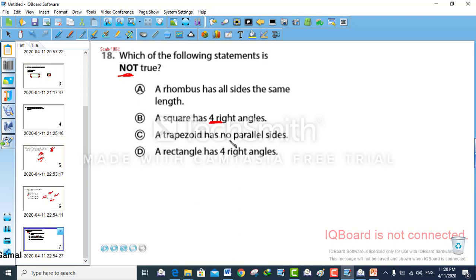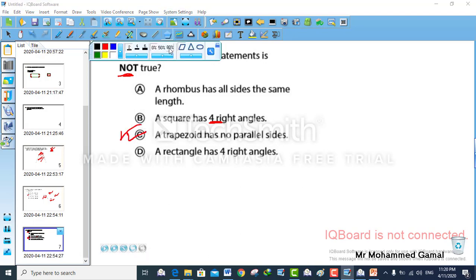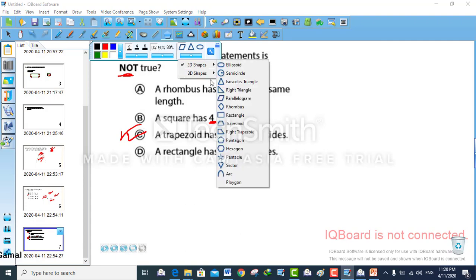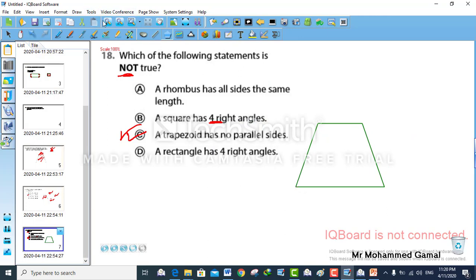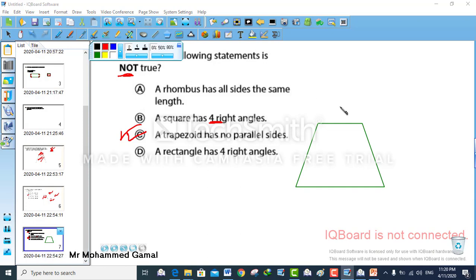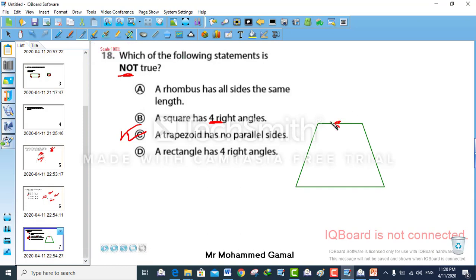A trapezoid has no parallel sides. Oh, this one is the wrong one. Why? Because the trapezoid, as you will see here, 2D shapes, trapezoid, this is a trapezoid. If you look at it, these two sides here are parallel.